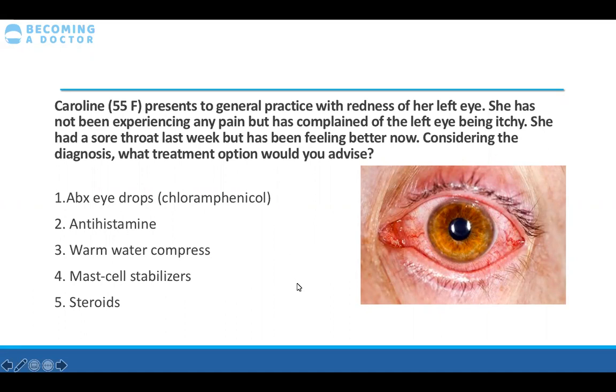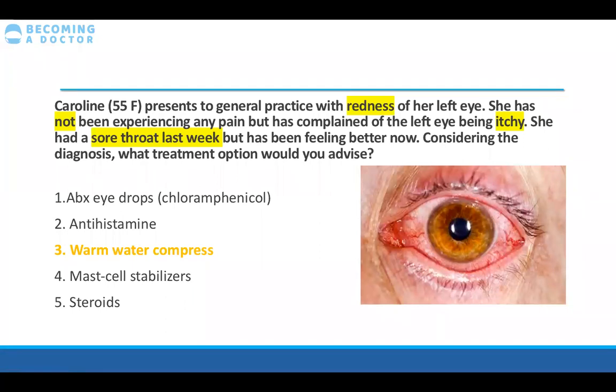Right, so let's discuss what it is. So the diagnosis here is viral conjunctivitis. And the answer is warm water compress. But we'll talk a bit about why it is warm water compress. So the fact that Caroline has had redness of her left eye, there's no pain, and it's been itchy, at this point, it would be a safe assumption to say she has conjunctivitis.